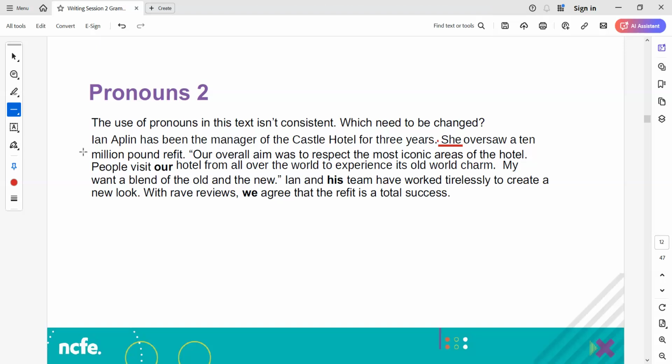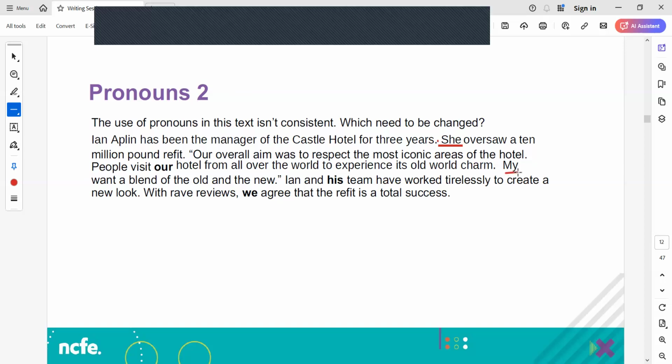Okay. People visit our hotel from all over the world to experience its old world charm. My want a blend of the old and the new. So what should my be instead?